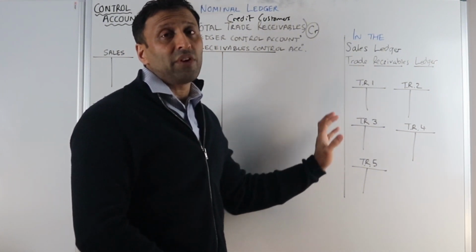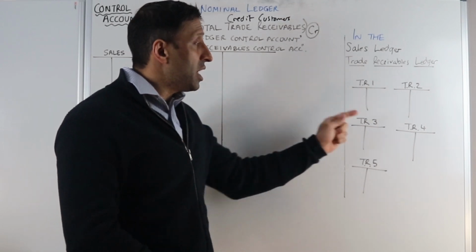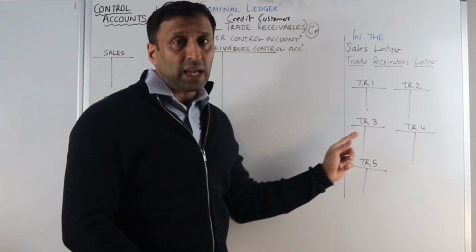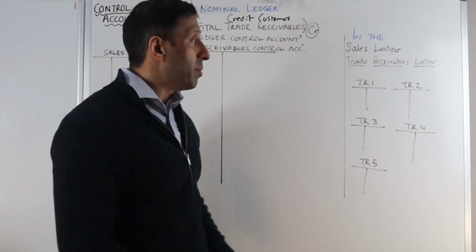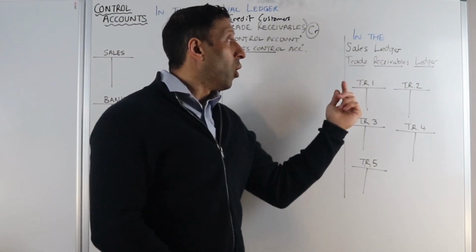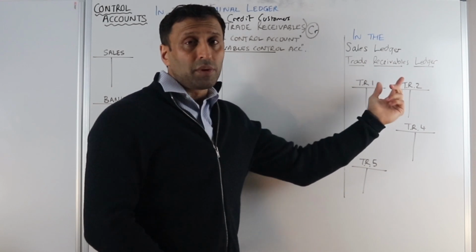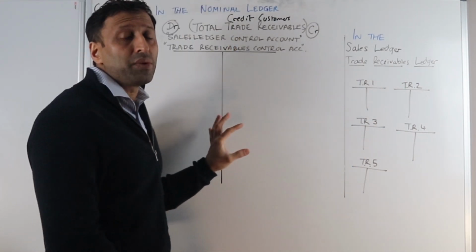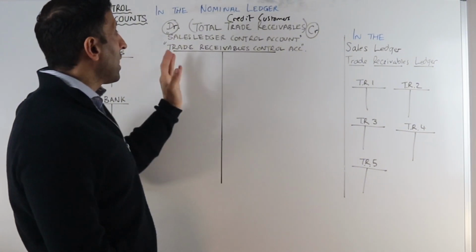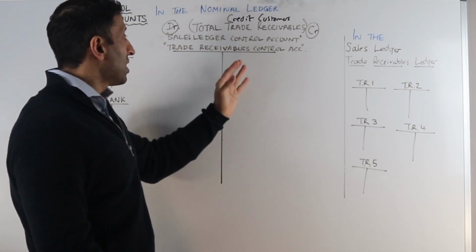We have a separate account for each one of them in case we want to know how much each one owes us. When we make a phone call to chase payment, we can see how much they individually owe and we can chase that payment. So we will have the individual accounts inside the sales ledger, or what we could call the trade receivables ledger, and we have all the trade receivables in one account here called sales ledger control account, trade receivables control account.